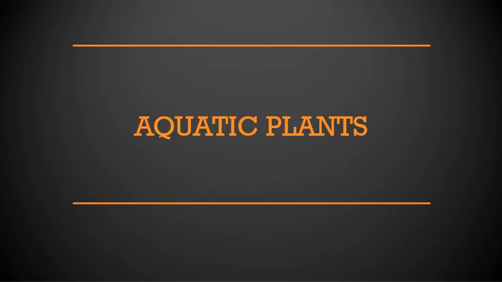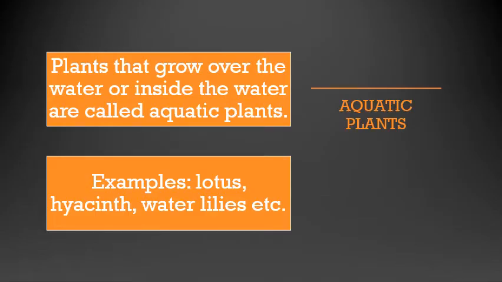What are aquatic animals, children? The animals which live in water are called aquatic animals. In the same way, the plants that grow over the water or inside the water are called aquatic plants.